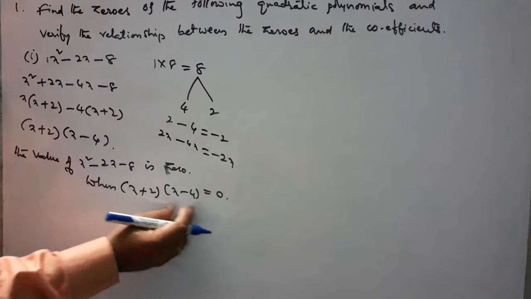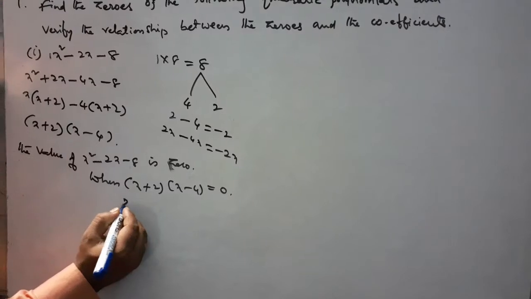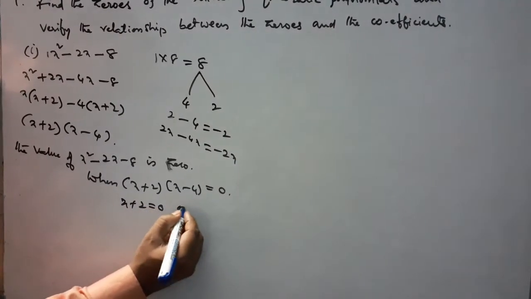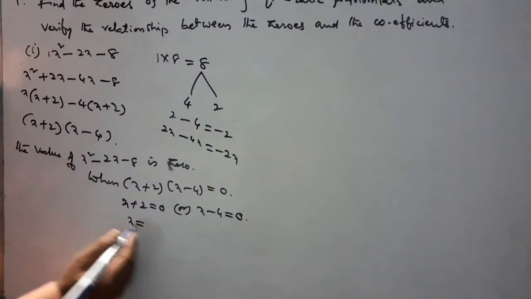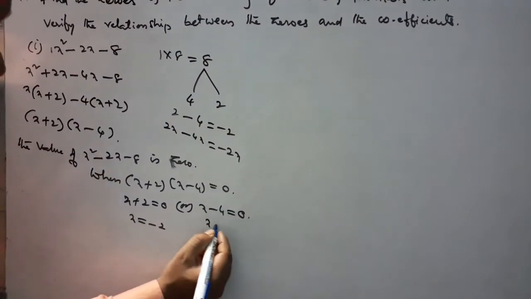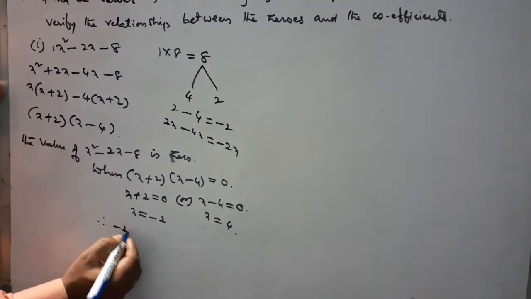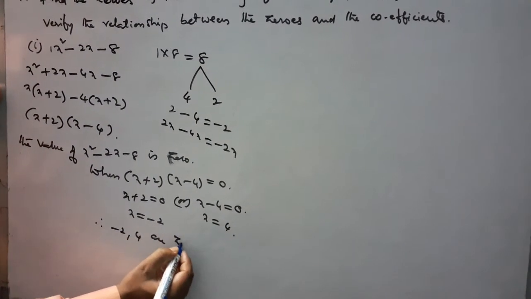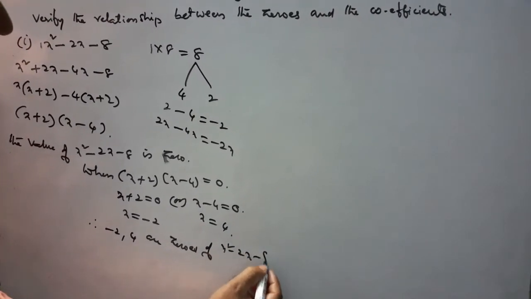That means the product of the two is 0, means any one of them should be equal to 0. That means x plus 2 equal to 0 or x minus 4 equal to 0. So x is equal to minus 2 or x is equal to 4. So therefore minus 2 comma 4 are zeros of x square minus 2x minus 8.